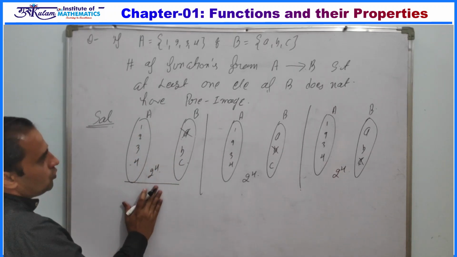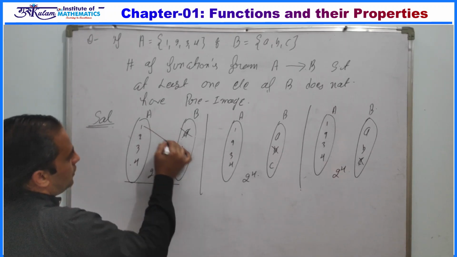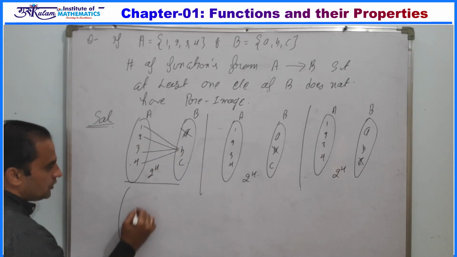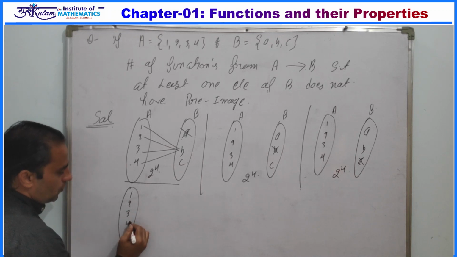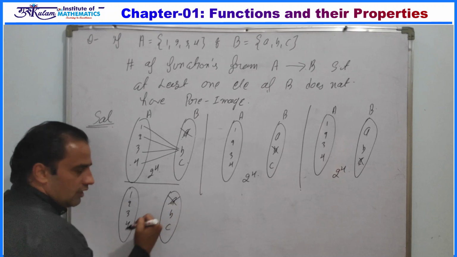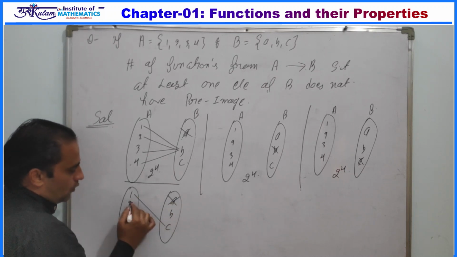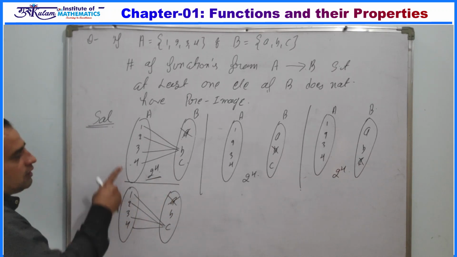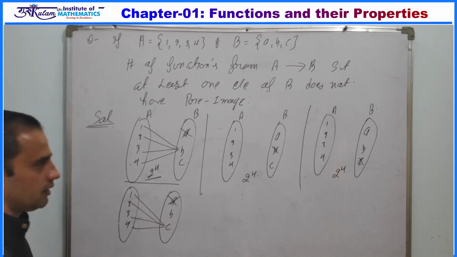Now out of these 2 to the power 4 functions there is a function in which all elements map to b, and there is another function from {1, 2, 3, 4} to {a, b, c} in which, since a is already excluded, we map all elements to c. That is, in this counting of 2 to the power 4, these two functions are already counted.